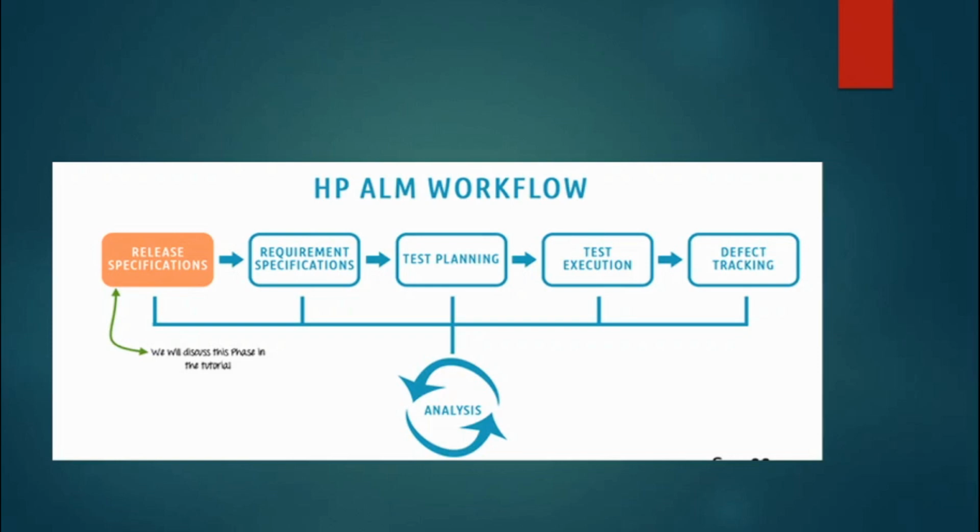In the test execution phase we pull the test cases into the test set in the test lab and execute those test cases. In defect tracking we raise the defect, follow the defect life cycle, and then close the defect. We also link the defect to the requirement. I have already created videos on all these 4 topics. Today we are seeing this release specification.